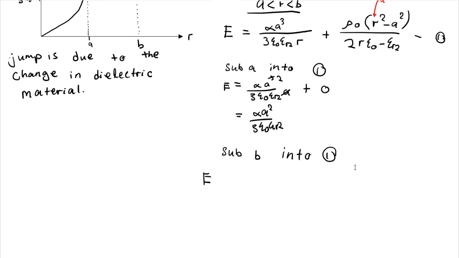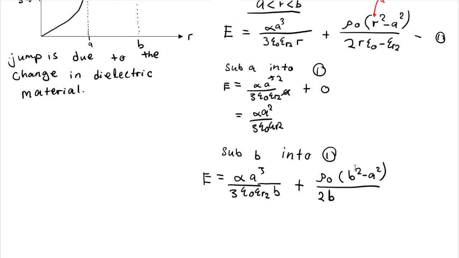E equals alpha A cubed over 3 mu naught mu r2 B, let's extend that, plus rho naught B square minus A square over 2 B mu naught mu r squared.